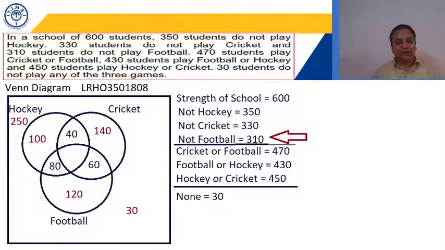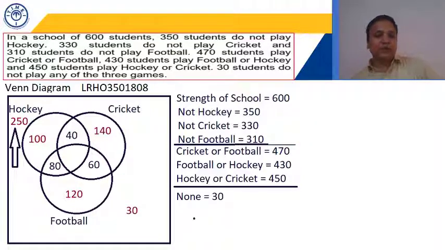Now just see what comes. This is 250. How do we know? Our first point says not hockey is 350. So in a school of 600, if 350 do not play hockey, we can safely say 250 play hockey. Now 250 is the sum of 4 regions which come under hockey. 3 we already know. 100 plus 80 is 180, plus 40 is 220.